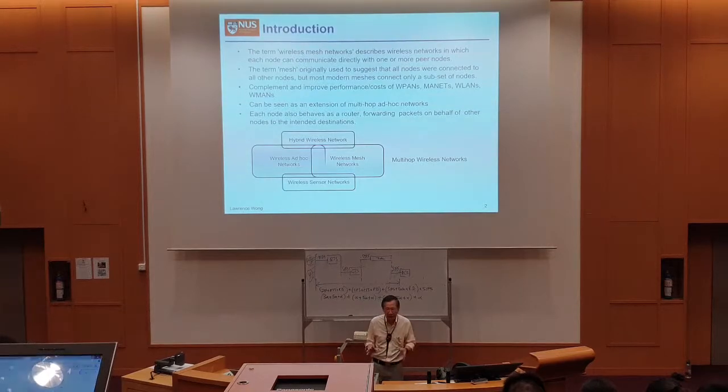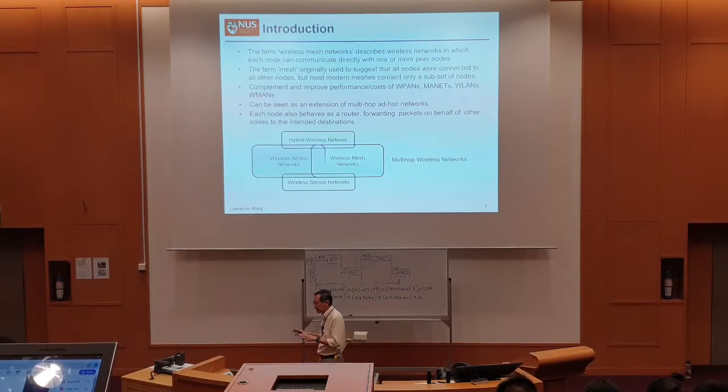Okay? I repeat. A wireless mesh network can be interpreted as an extension of an ad hoc network. An ad hoc network is infrastructureless, right? So it's an extension that gives you a connection to the backbone internet.